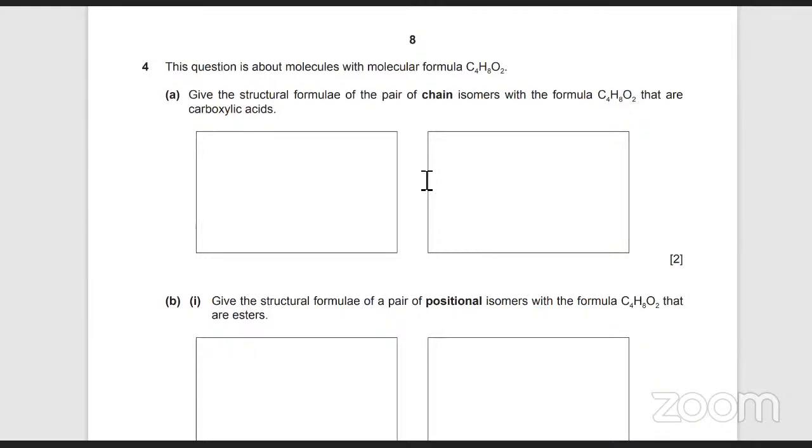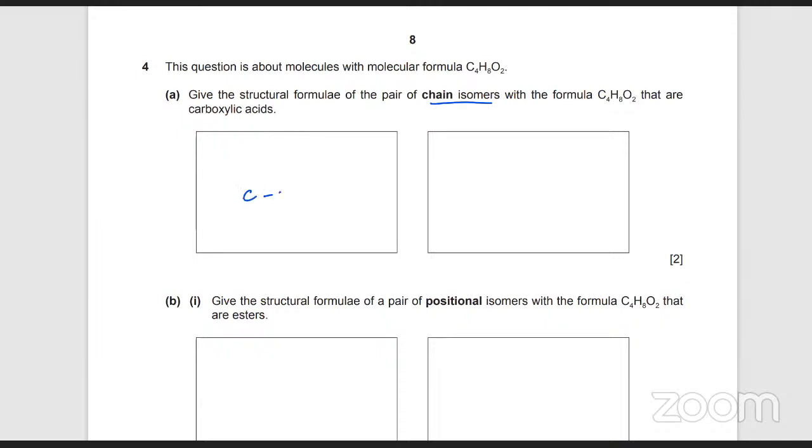So this one is the question about molecules with molecular formula C4H8O2. Give the structural formula of the pair of chain isomers with the formula C4H8O2 that are carboxylic acids. Chain isomers, so you have to play around with the carbon chain. Both of them are carboxylic acids.